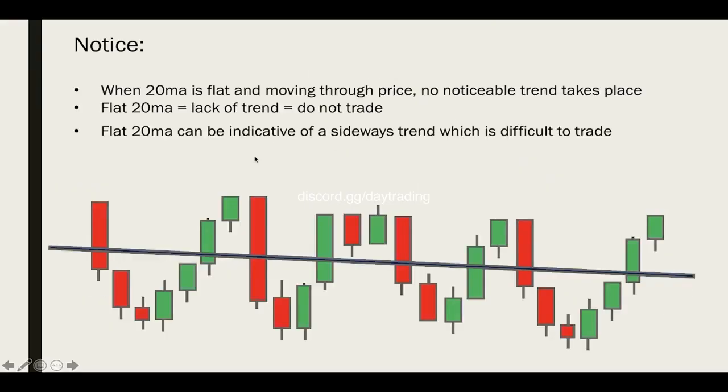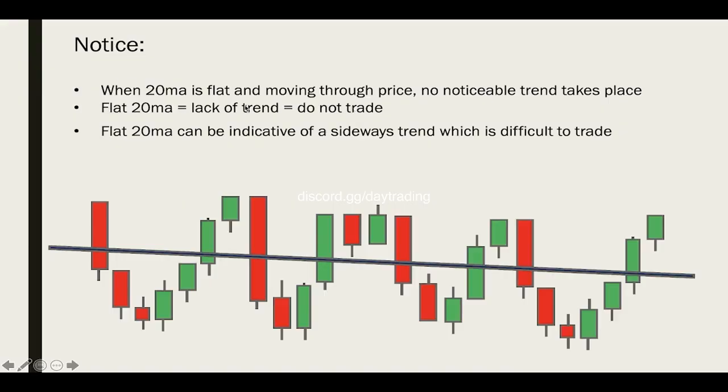This is a sideways trend. It's fluctuating between highs and lows. Whenever we have a sideways trend, we also usually have a 20-day moving average that is flat and moving through price, meaning there's no noticeable trend taking place. Whenever you have a flat 20-day moving average, it shows that there's a lack of trend, and you should avoid that.